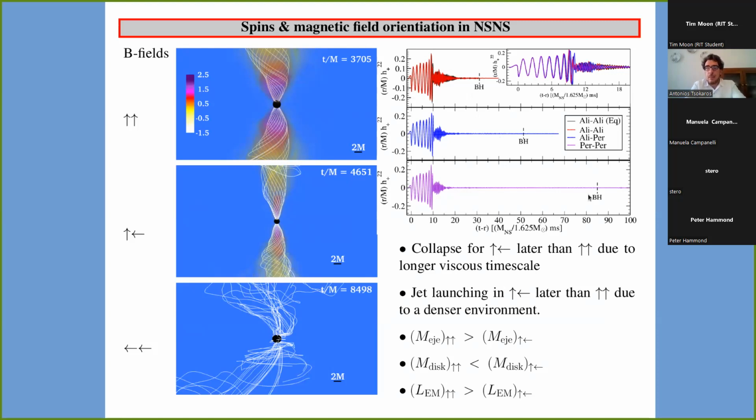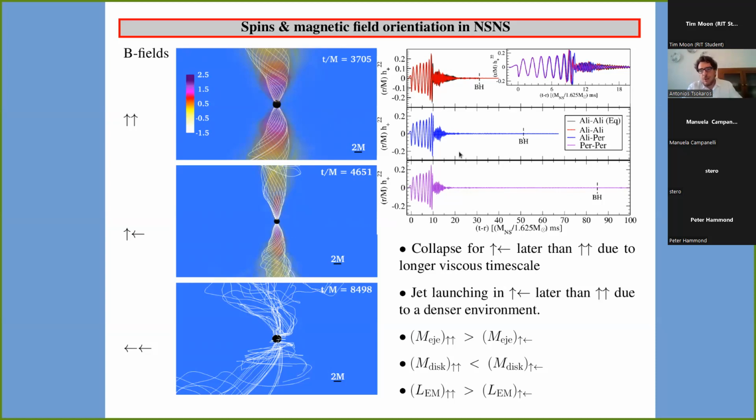This can be explained by the different viscous timescales that exist in the hypermassive neutron star remnant. Also, the jet launching time in the middle case, where the dipole moments are mixed, is later than in the aligned case. This is not surprising given the figure that I'm showing here.